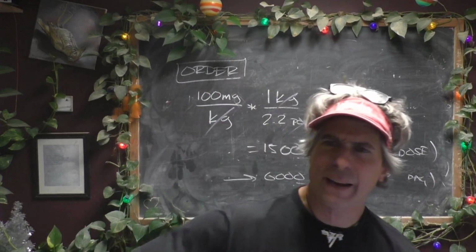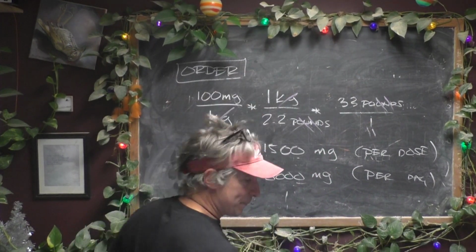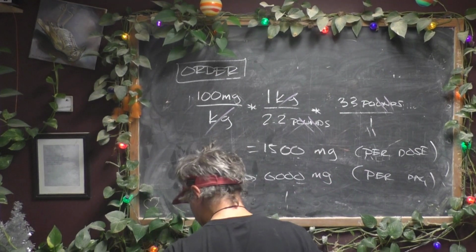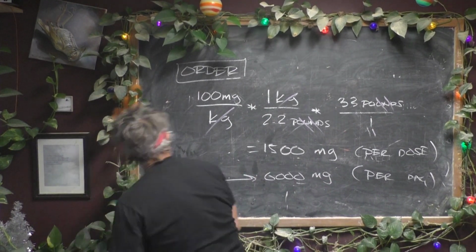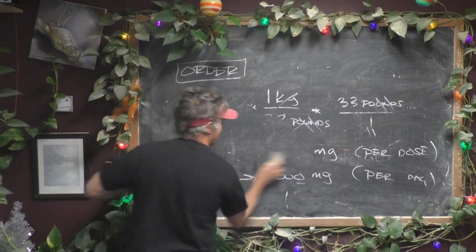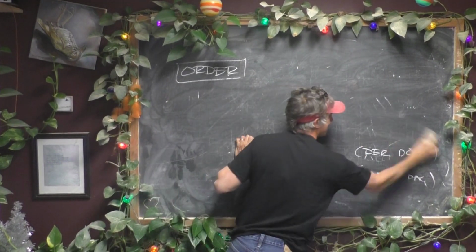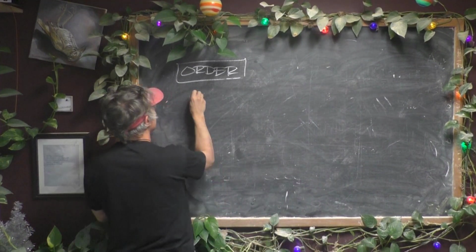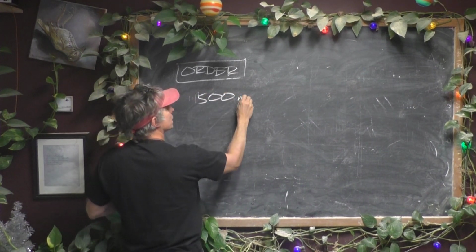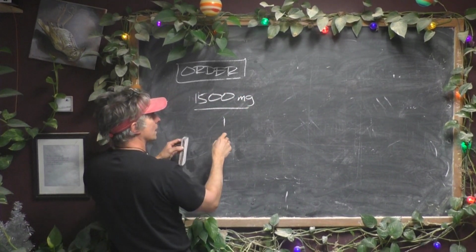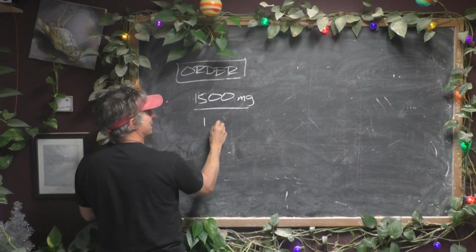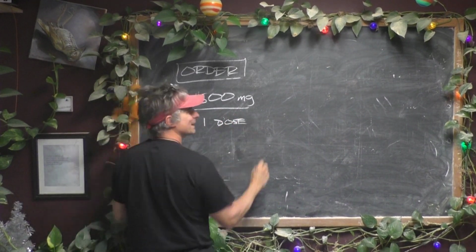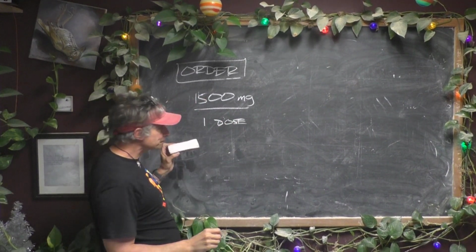Let's re-answer the question. If we know we have to give this kiddo, where's my eraser? Here it is. If we know we have to give this kiddo 1,500 milligrams, let's make that our order now. 1,500 milligrams in one dose. I'll put that here. That way I'm keeping track of it. It's not per day, it's per dose.